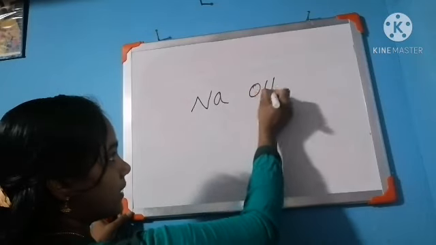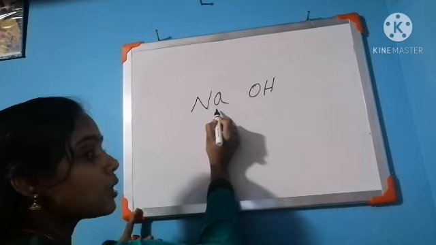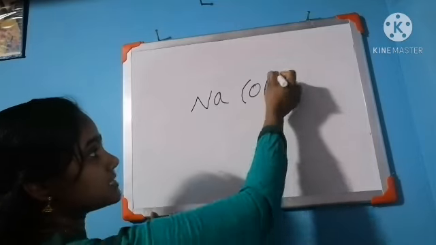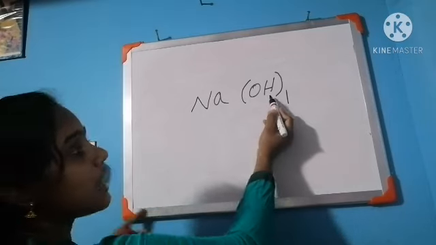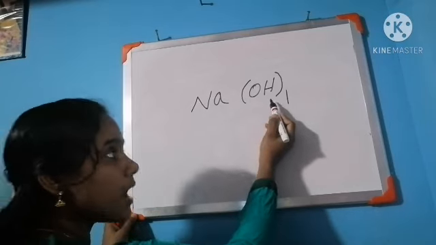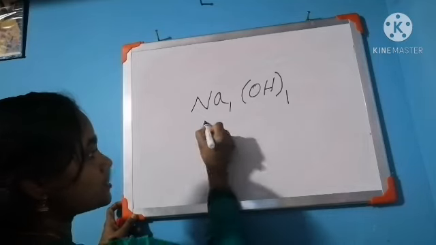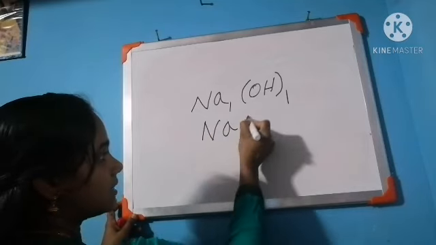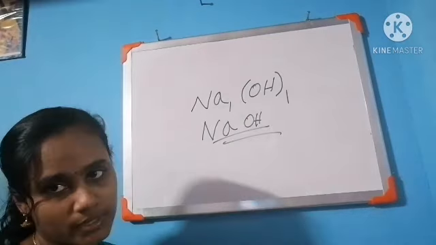Hydroxide OH. So valency of sodium 1, we should write under the subscript of OH. Then OH valency 1 we should write under the subscript of Na. So the formula of sodium hydroxide is NaOH. Is it clear? This way you can write.